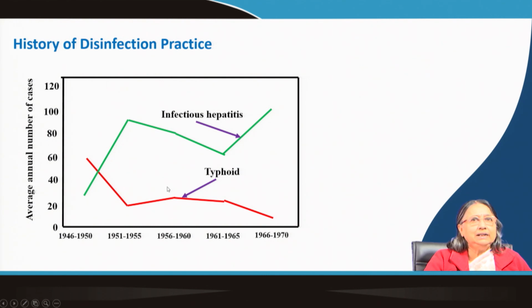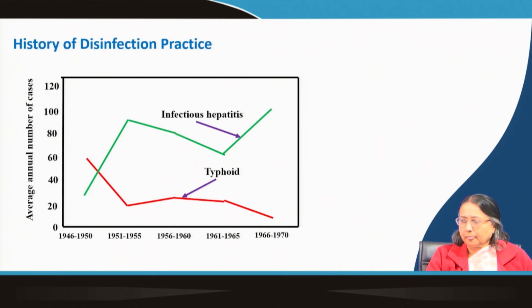So, why is it so? Because this is caused by a virus. So, disinfection practice is not effective to kill the virus. Typhoid is caused by bacteria, so it can kill those types of microorganisms.